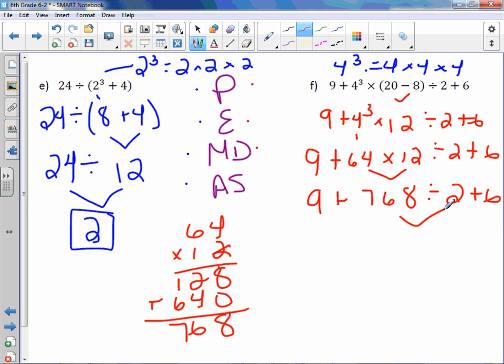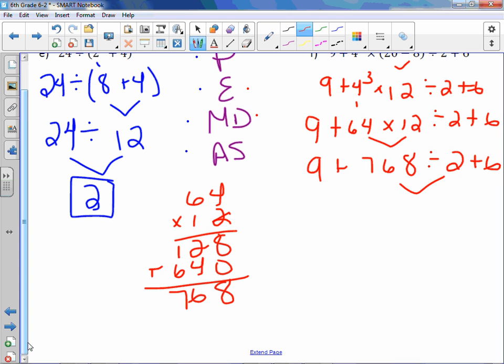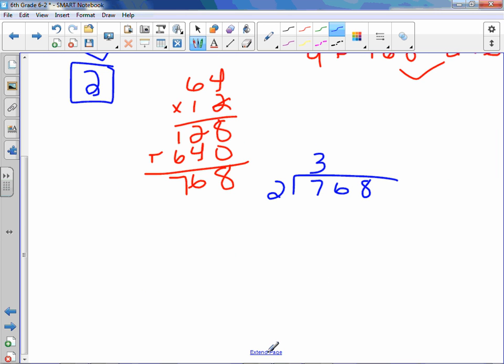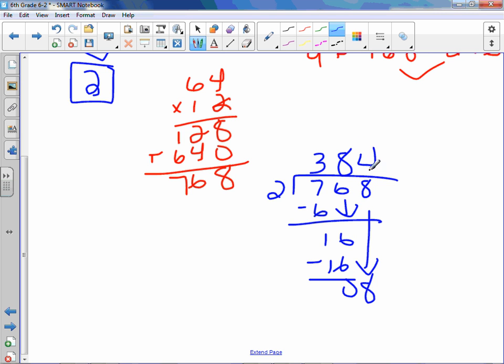Still have some division to do. So 768 divided by 2. So let's do this long division. And we get 384.